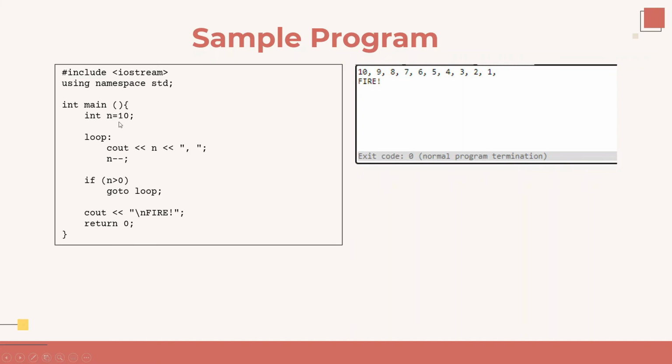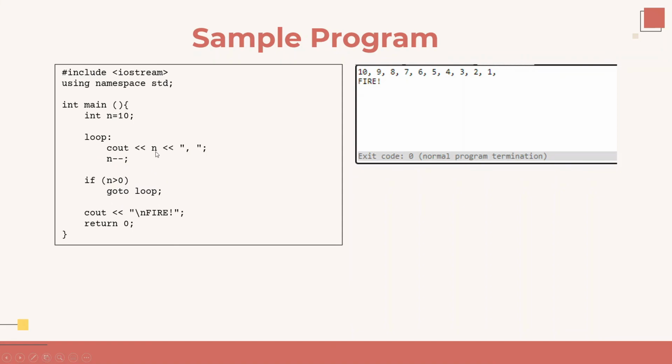Because the initial value of n is 10, and then if n more than 0, and then go to loop, cout n, comma. So it will print 10, comma, and then the value of n is decreased by 1. Now the value of n is 9, and then go to loop again.